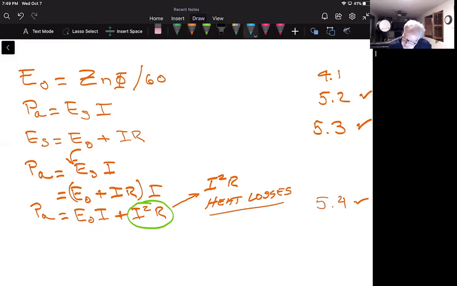Now, he also points out to us that this portion of the circuit is very important, because the E sub O, the armature voltage, times the current, is the electrical power that is converted into mechanical power.